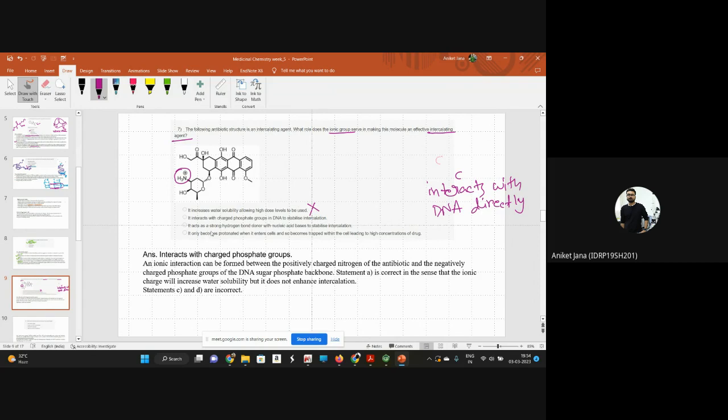Okay, next, in C it is saying that it acts as a strong hydrogen bond donor with nucleic acid bases to stabilize intercalation. Is this true?